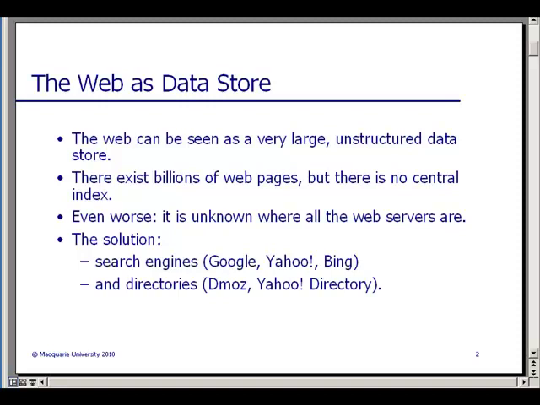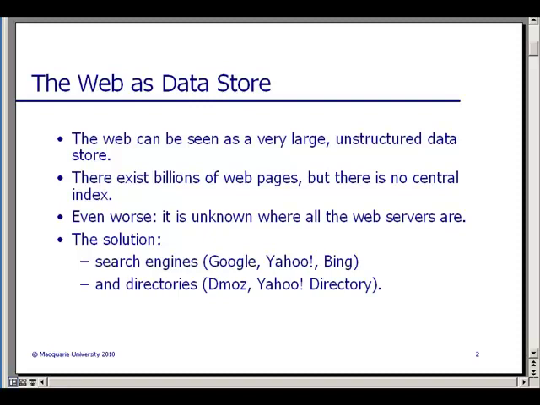As with web pages, new web servers come into existence, and web servers disappear. So we also have to deal somehow with this situation. And web search engines allow us to deal with this kind of quite tricky situation, where we have to deal with unstructured data and with this kind of moving targets.